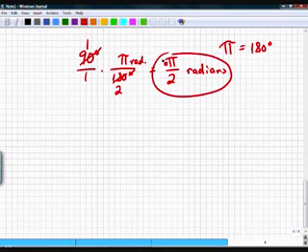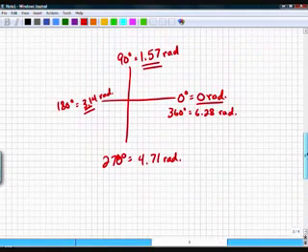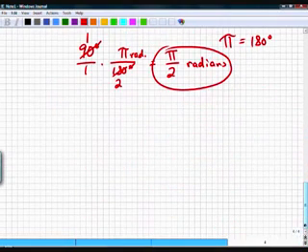Is that not the same thing we got a while ago? Pi over 2, half of pi. If you wanted to, could you plug in 3.14 divided by 2? Sure, 1.57, that's what we got up here.